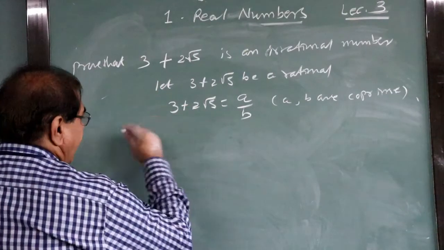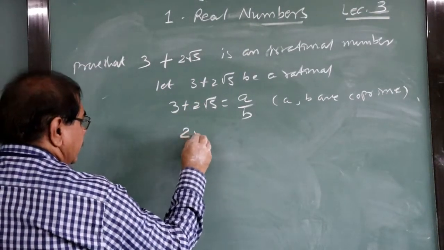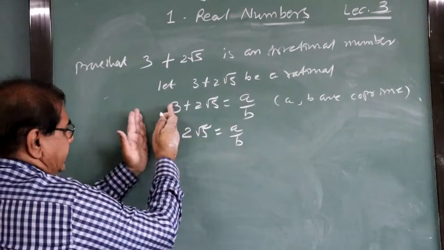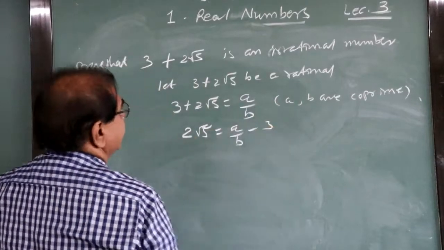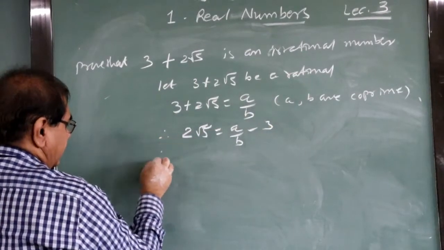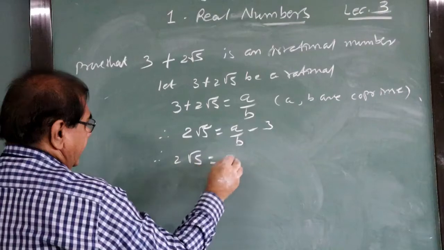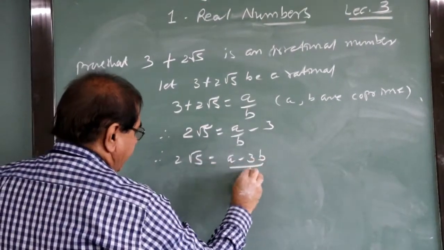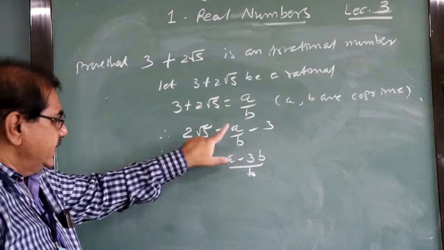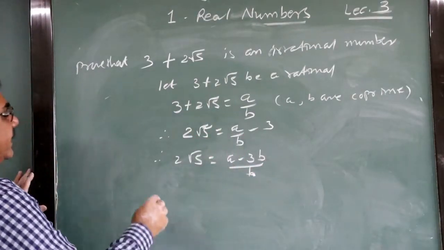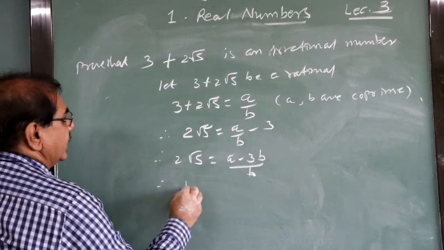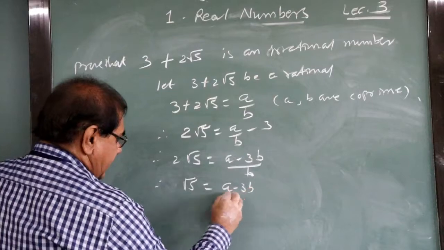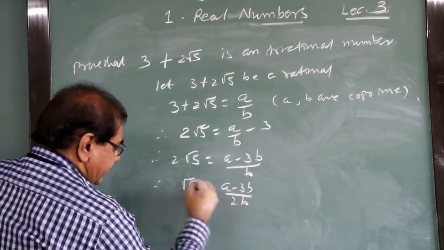Now what I do, 2 root 5 is equal to a upon b, plus 3 changes the side, becomes minus 3. So therefore 2 root 5 is equal to a minus 3b upon b, taking the LCM of b. Therefore root 5 is equal to a minus 3b upon 2b.